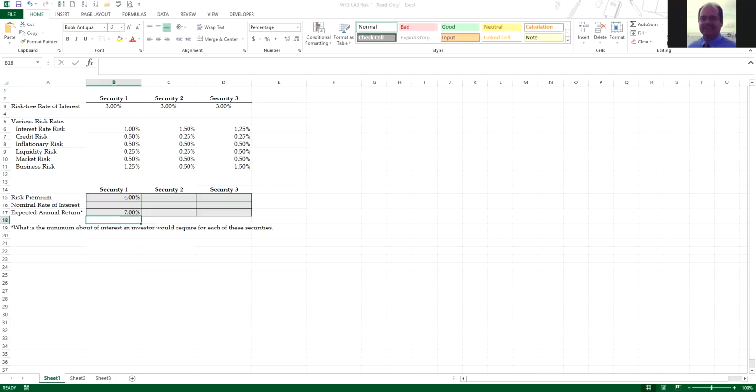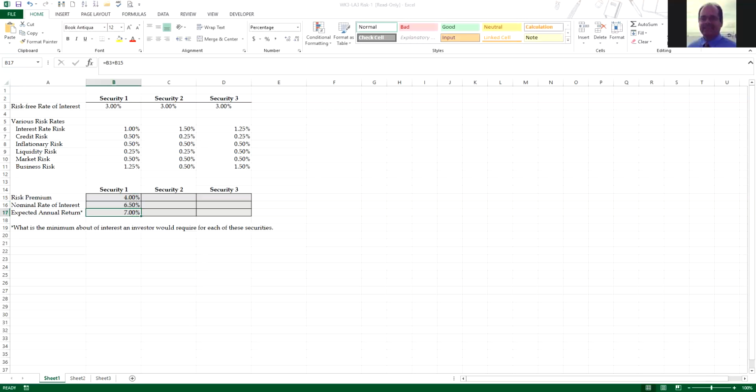So now that we know what our expected return is, now we can figure out the nominal rate, which is the expected return less the inflation rate. So you're going to have equals 7% less the inflation rate, which is 0.50% or 0.5, and there you go.